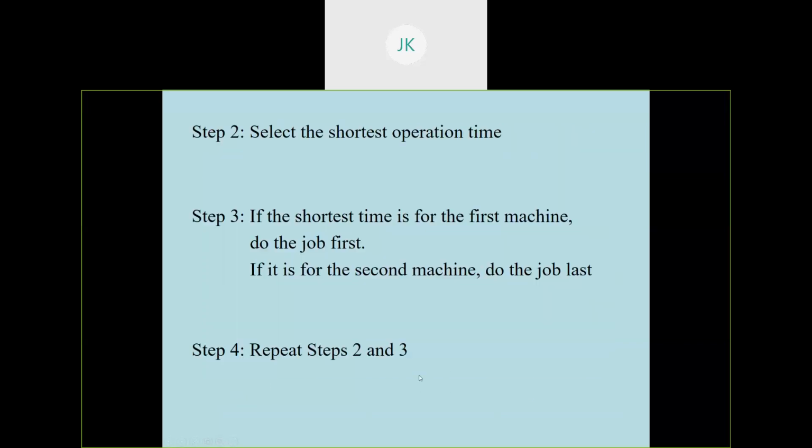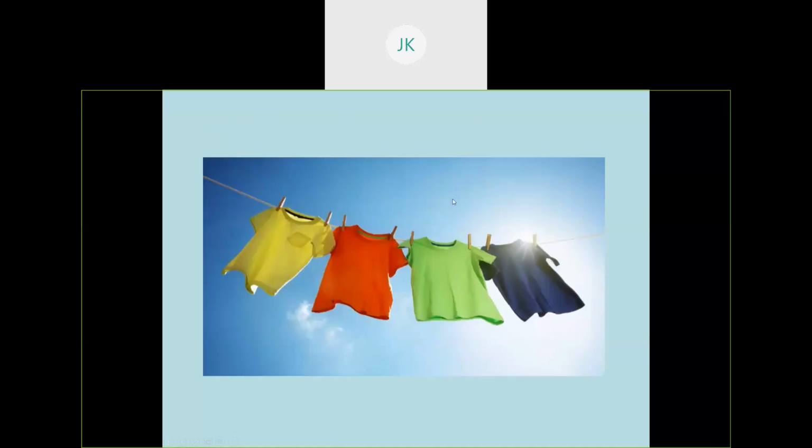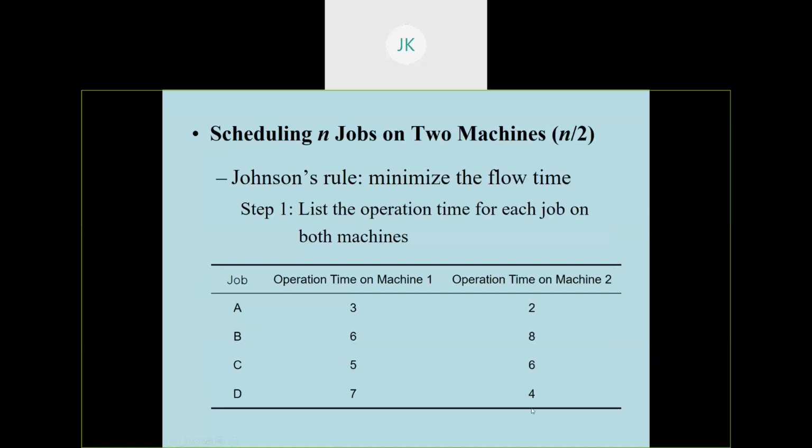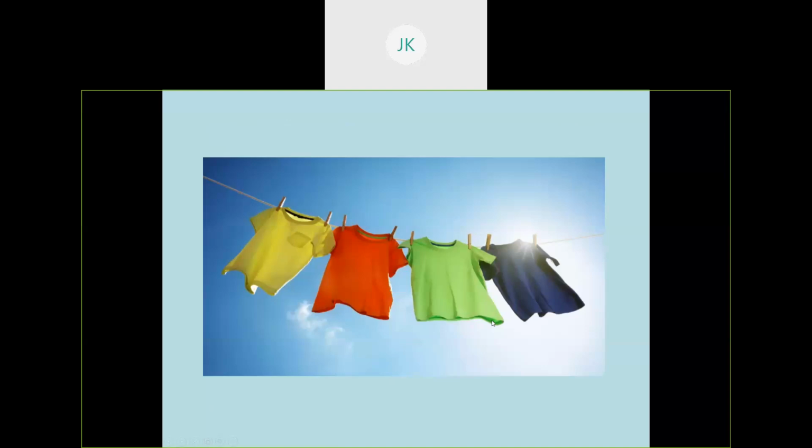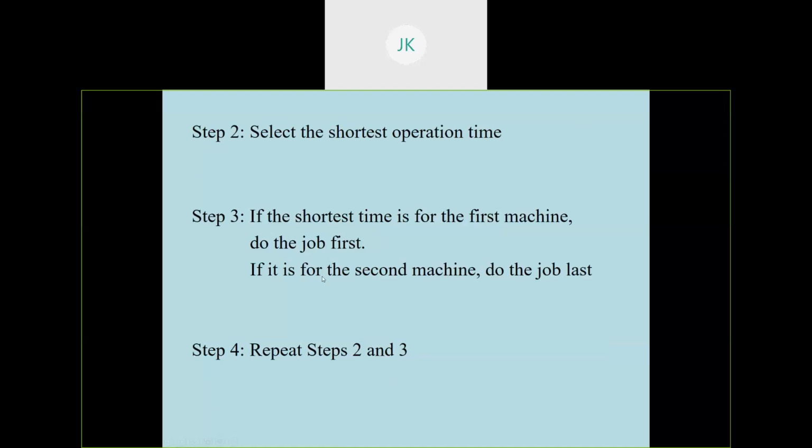Then step 2, select the shortest operation time among the operation times, this one. Take this one. If the shortest time is for the first machine, do the job first. If it is for the second machine, do the job last.